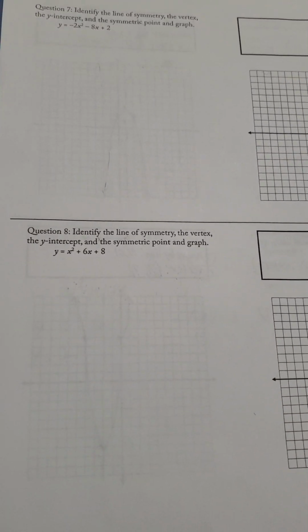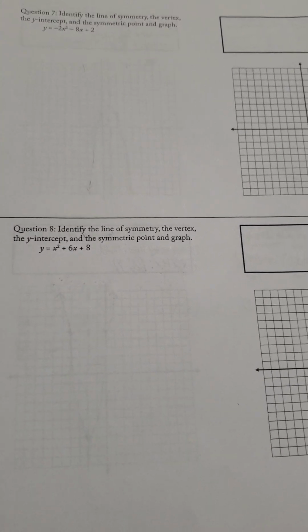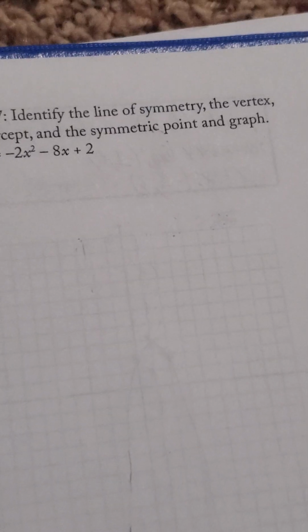So I'm almost done with most of the problems, so I'm just going to be doing these as example problems. In these problems we have four things we need to find.